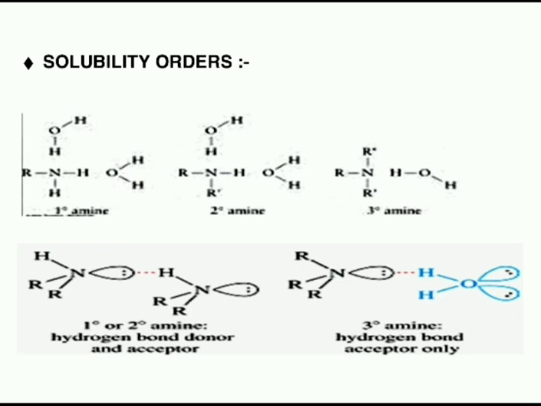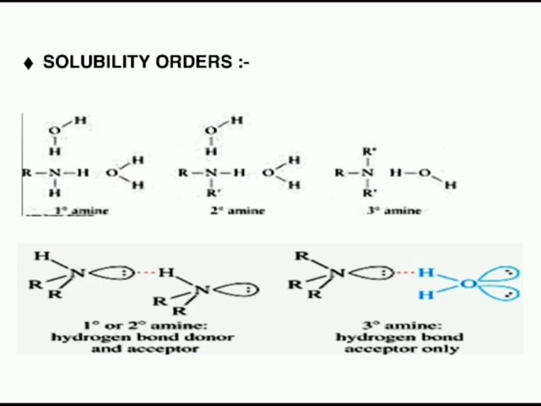Similarly, the secondary amines also form two hydrogen bonds, one by donating its single hydrogen and one by the nitrogen accepting the hydrogen of the water molecule. And in the tertiary amines, you can see there is no hydrogen to donate, but in this case, nitrogen present in the tertiary amines can accept the hydrogen from the water molecule.